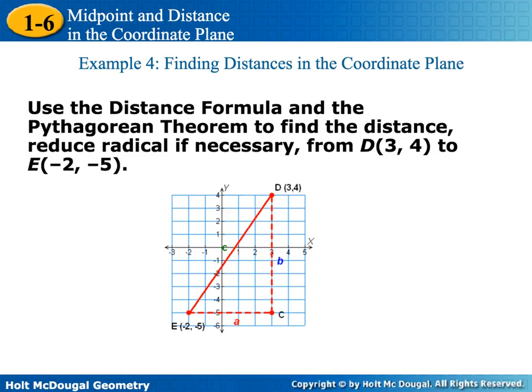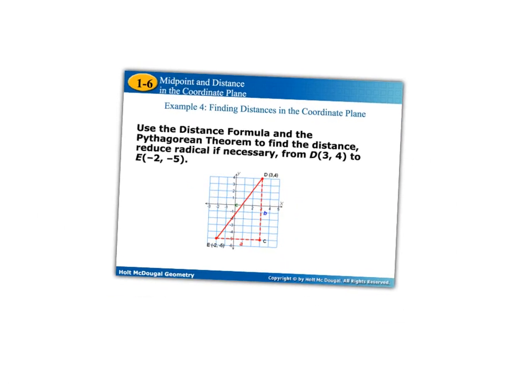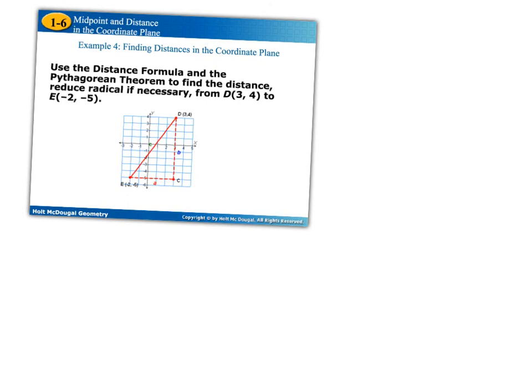Okay, this is the last example for this chapter. Example 4, finding distance in the coordinate plane. We're going to use the distance formula and the Pythagorean theorem to find the distance. Reduce the radical if necessary. So I'm going to bring this over here, make it a little smaller.